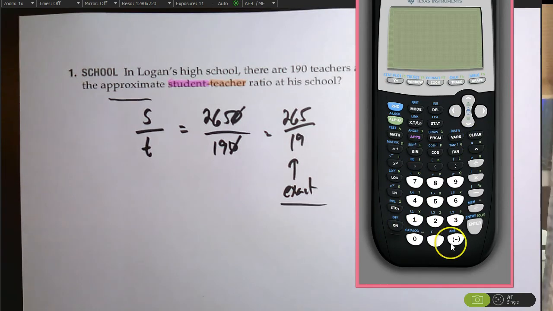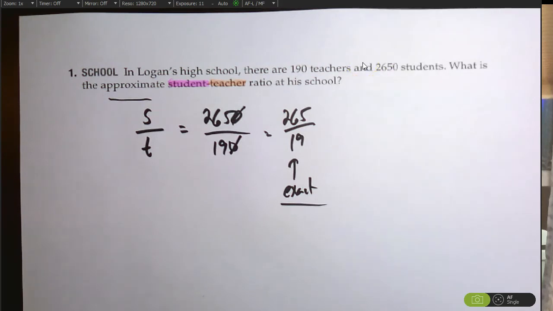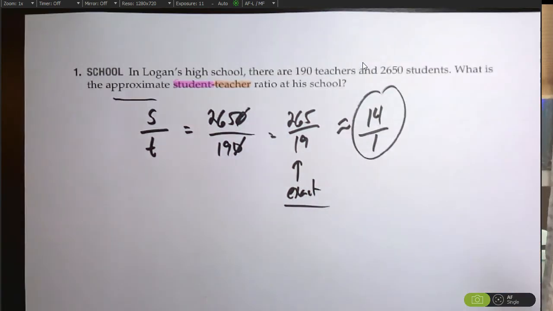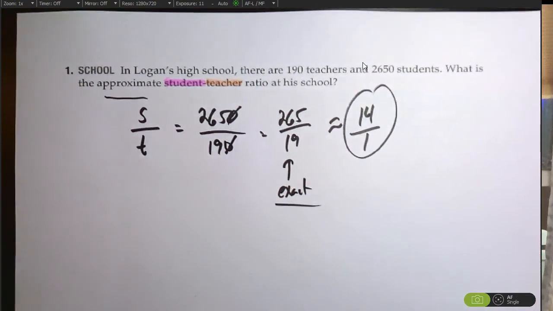And what that gives us is 13.94, so it's approximately 14 to 1, which means you have 14 students for every one teacher.